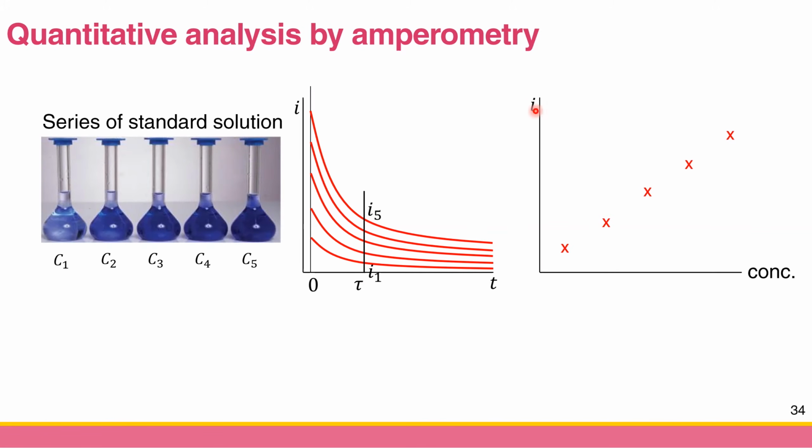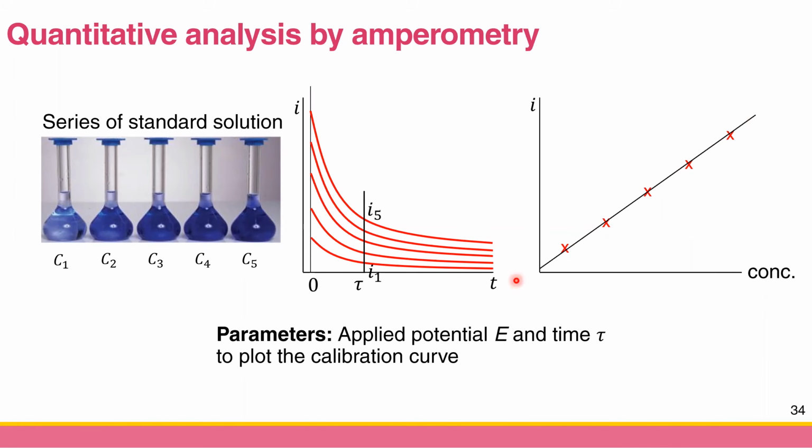So now you plot the I1 to I5 against its appropriate concentration. So this is I1 from C1, this is I2 from C2, this is I3 from C3, this is I4 from C4, and this is I5 from C5. And then you use Excel maybe or your calculator to generate the calibration curve equation.